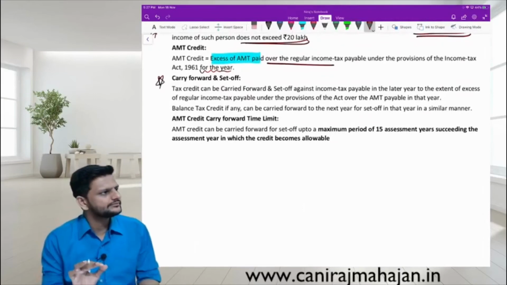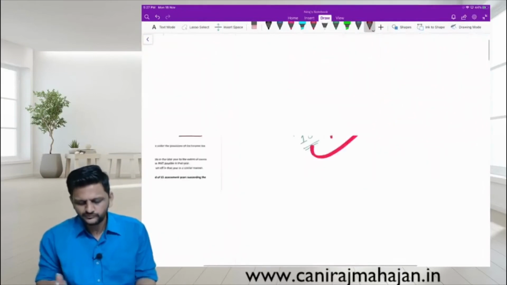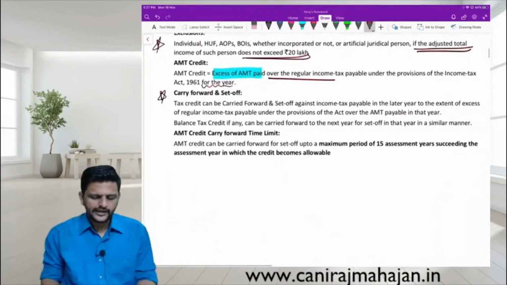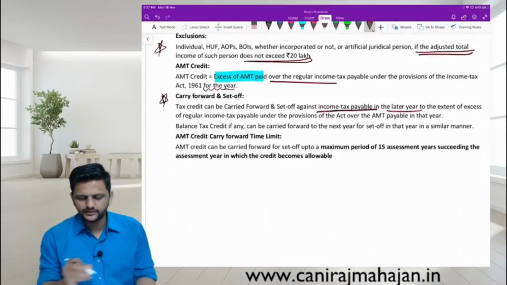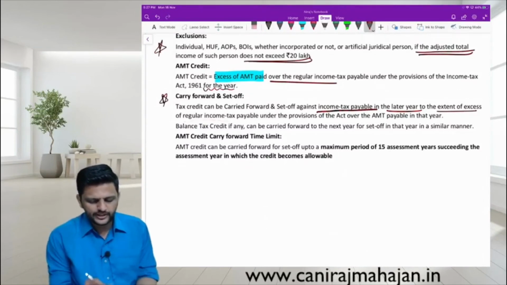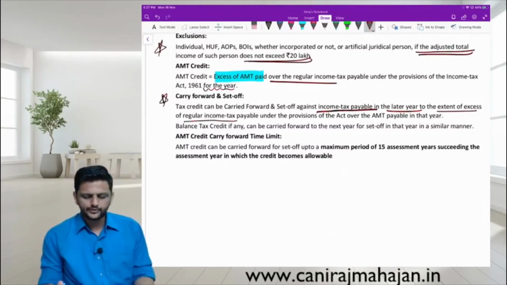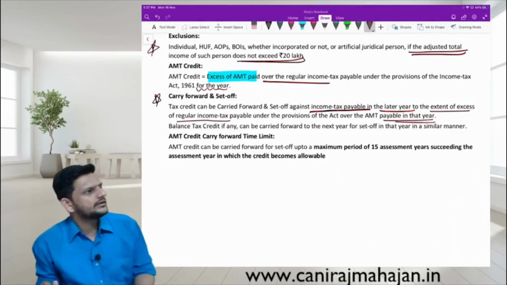Which tax credit? AMT credit. In our example, how much is it right now? 8.5. Very good. It can be carried forward and set off. Pay attention. Against income tax payable in the later year, to the extent of excess of regular income tax payable under the provisions of the Act over the AMT payable in that year, in the next year.